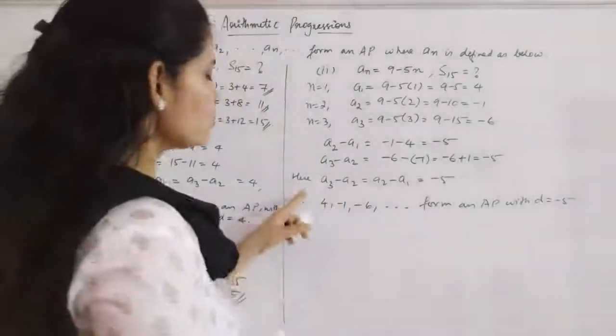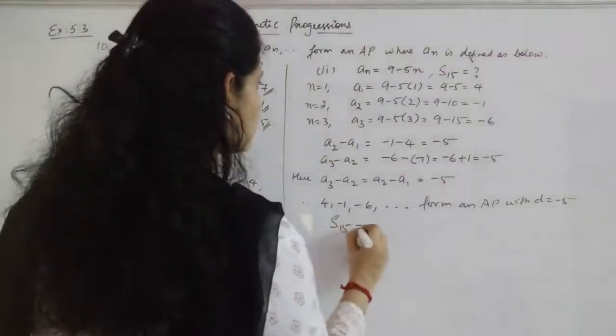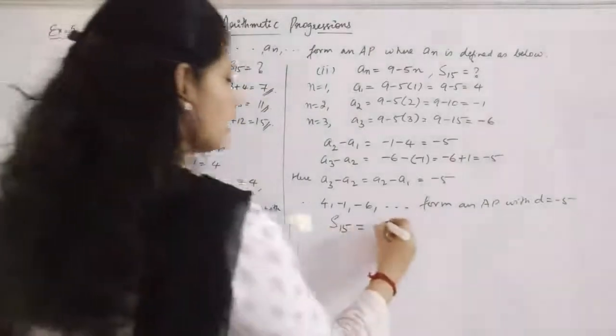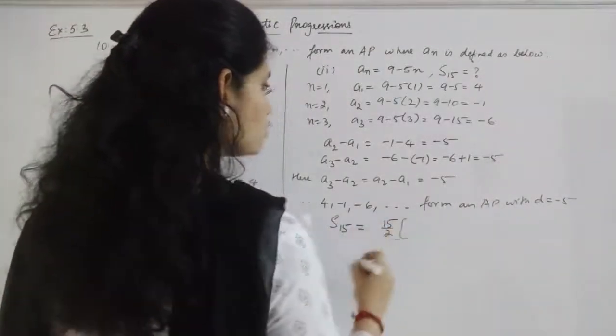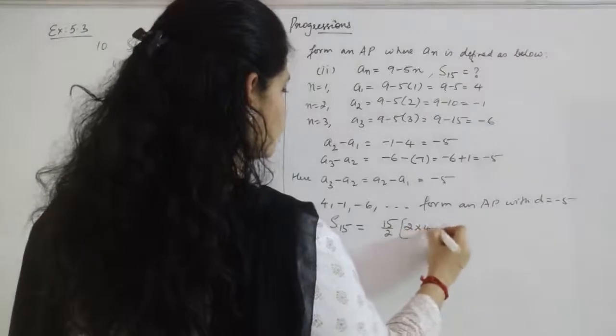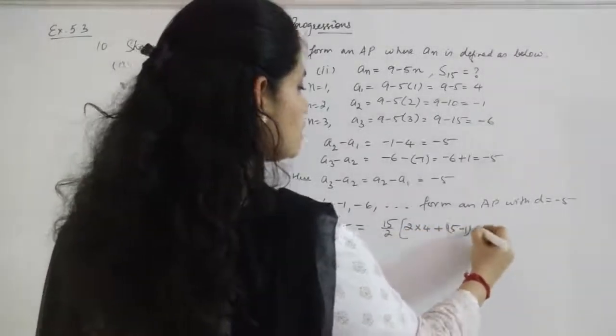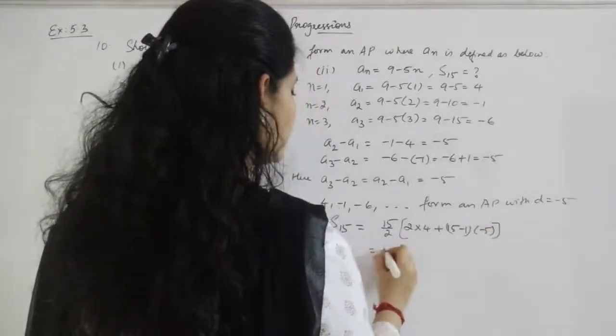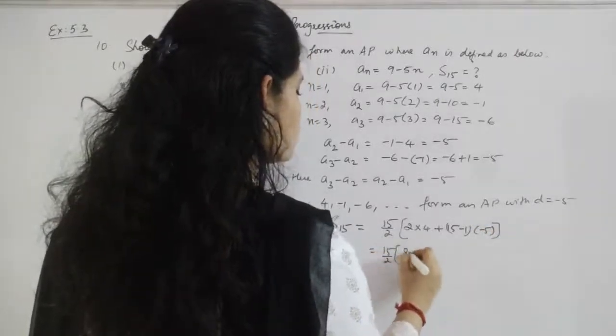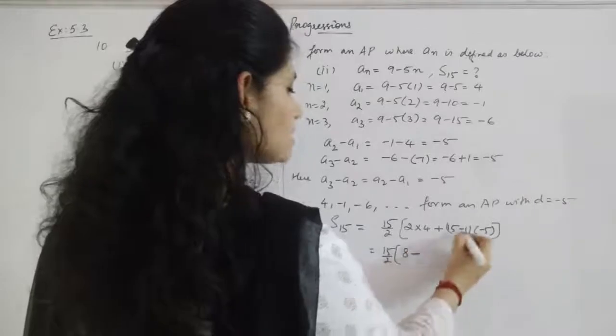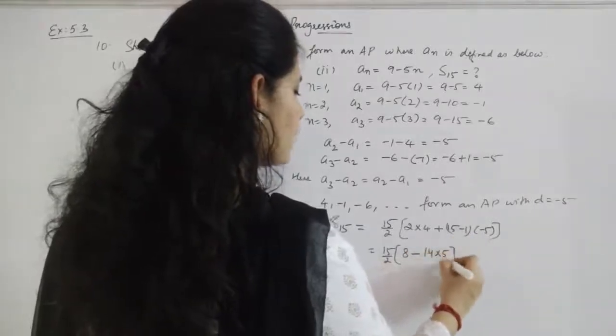Okay. Now what you need to get is your S15. S15 is 15 by 2 into 2a. A is 4 plus n minus 1, again 15 minus 1 into what is d? Minus 5. Okay. 15 by 2 into 8. This will give you negative. Here you have 14 into 5. Okay.